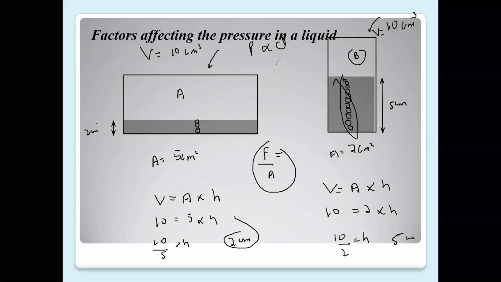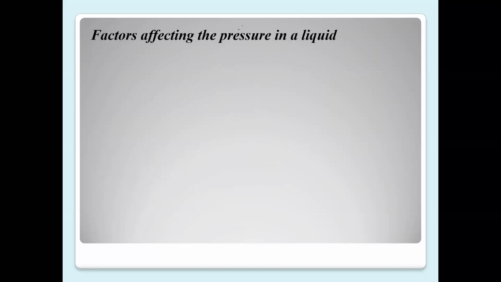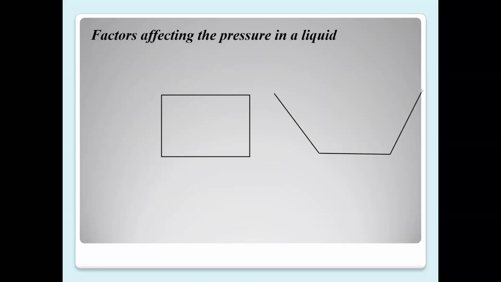But I am saying the pressure exerted by the liquid. If you have different containers with different base areas, the pressure exerted by the liquid depends on the depth of the liquid rather than the base area or the shape of the container. If they have the same depth of liquid, they will apply the same pressure. That's the main point.